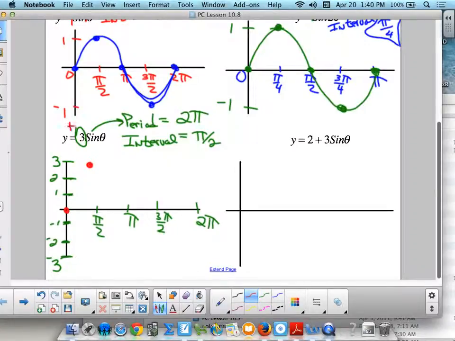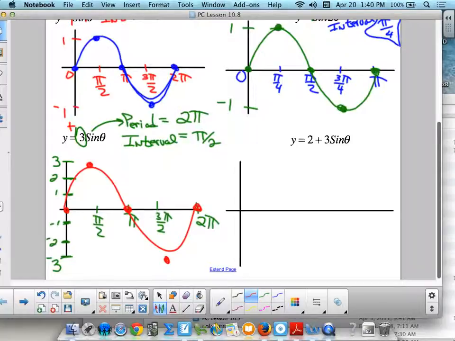Because it's positive. Then it'd be 0. Then it would be -3. Then it'd be back to 0. There it is. These all look the same, but they're slightly different. This one's up 3, down 3. This is up 1, down 1. If I put them on the same scale, they would look different, but right now they all look the same.